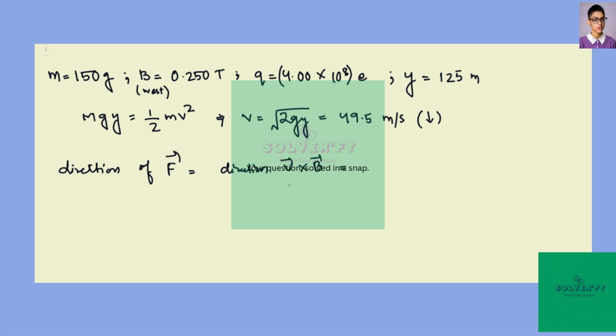And by the right hand rule, we take the cross product, and we see that if q is less than 0, or q is negative, this vector F should be towards south.